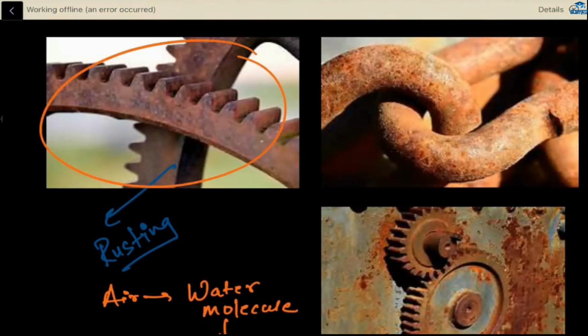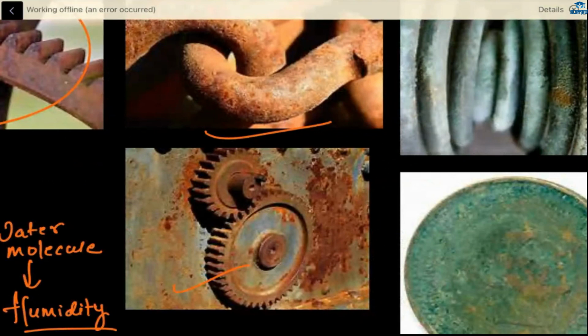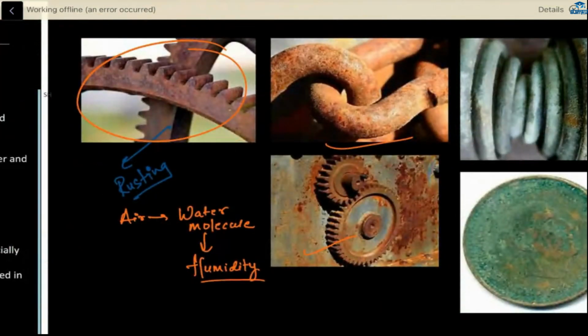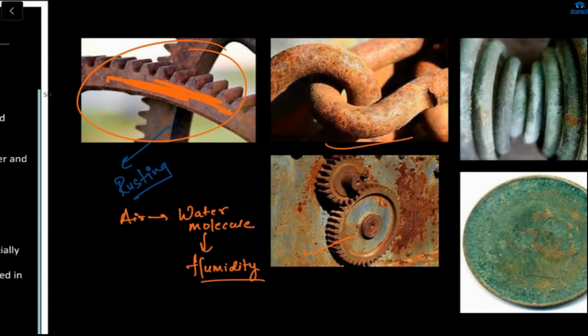Not inside, only in the covering part. So when the surface of my metal starts reacting, they will start forming a rust on the upper layer.